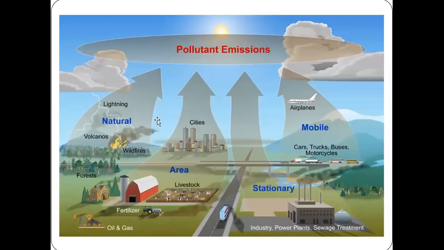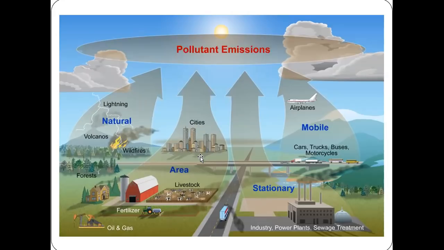So this is actually a picture of the sum total of the things that we will be talking about in atmospheric hazard. So you have here the pollutant emission, or the gases or the pollutants that they emit, coming from the natural phenomenon such as eruption of volcanoes and wildfires.